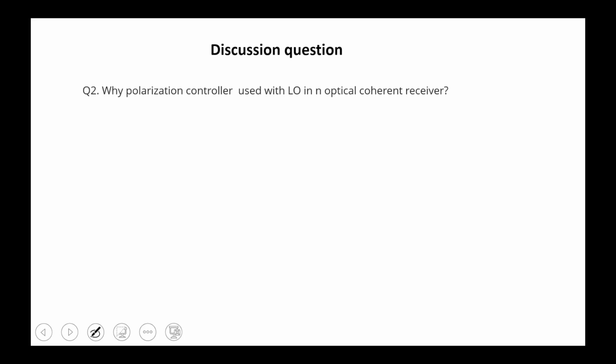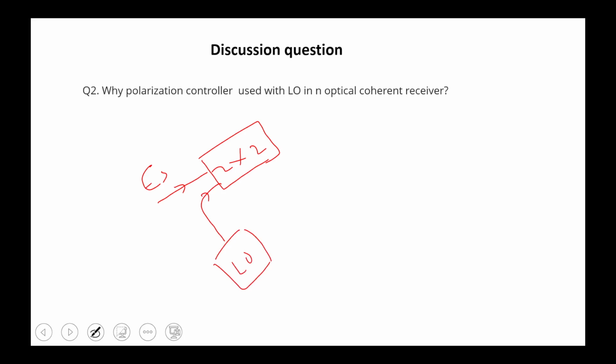If I draw the schematic diagram of that, this is our ES signal. We have the 2 into 2 coupler. So the basic component for balanced detection is the 2 into 2 coupler. This is my local oscillator, and this is my signal. This is my ES(t) signal and ELO(t) signal.